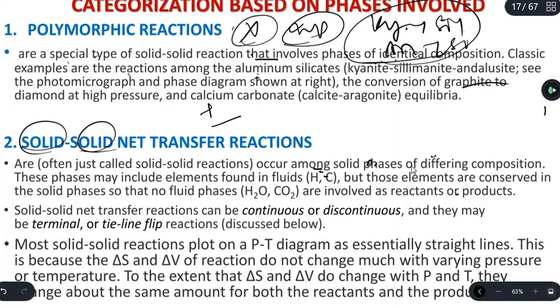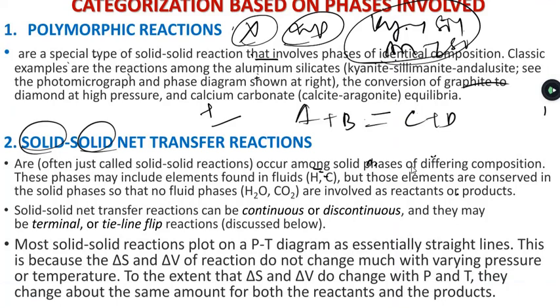That means on the reactant side solid is present, there is no liquid present. On the product side there is also solid present, there is no liquid present. See, A plus B equal to C plus D, there will be no liquid present. But see, solid-solid net transfer reaction पे, ठीक है, volatile present नहीं होगा.